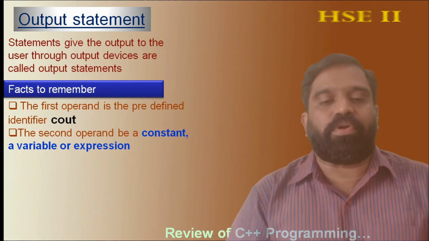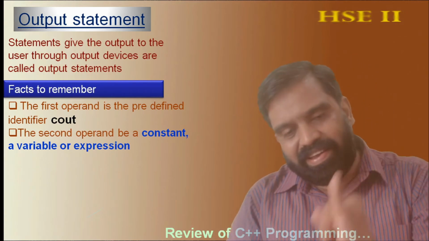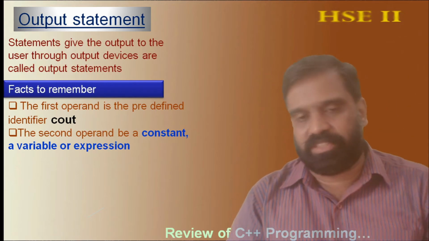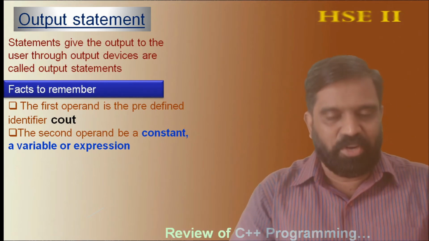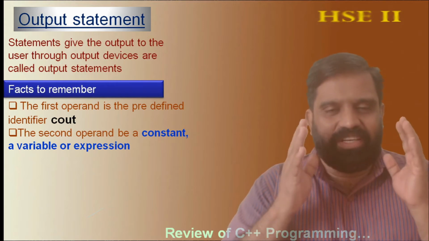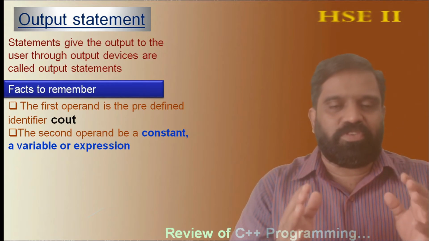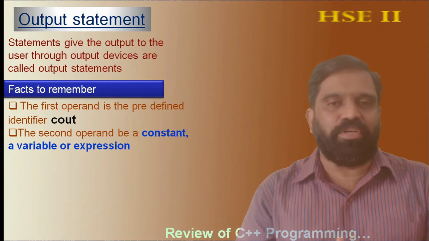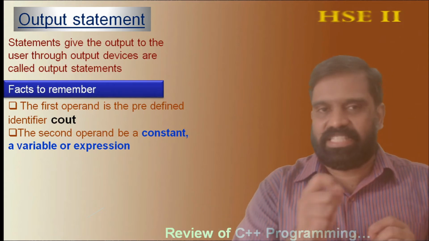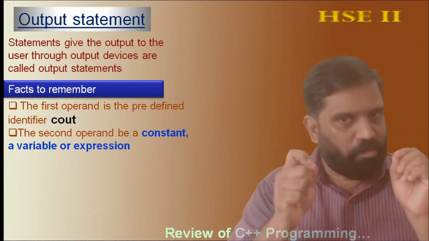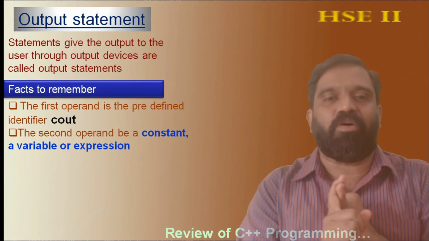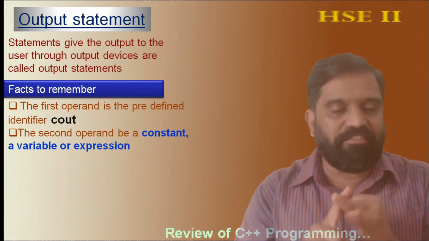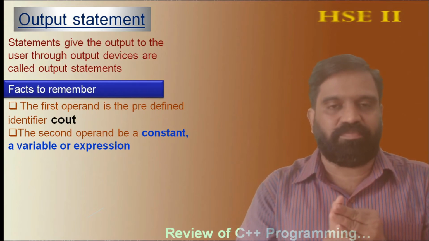The second operand may be either a constant or a variable or an expression. So by framing an output statement, the first operand should be cout. Next we have to write the output operator. The next operand may be either a constant or a variable or an expression.